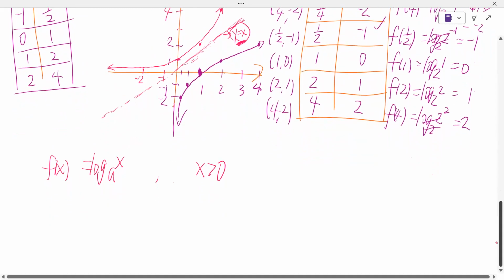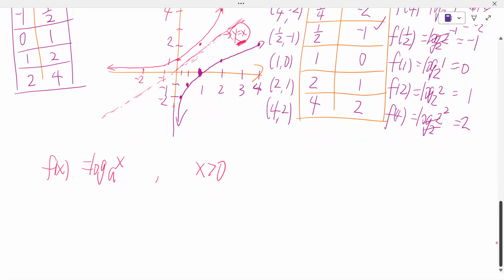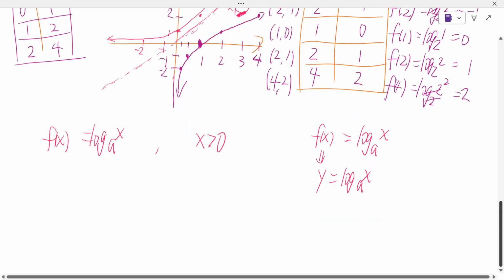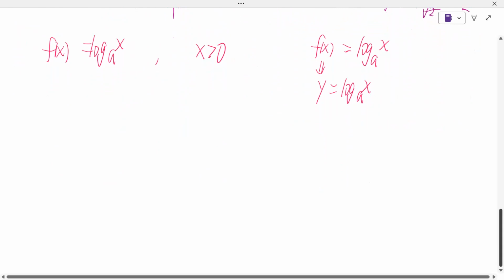Because the logarithm function comes from the exponential function. So you can also look at it like this: f of x equal to log a x, right? Now if you turn f of x equal to y, then we can turn the logarithm back into the exponent.